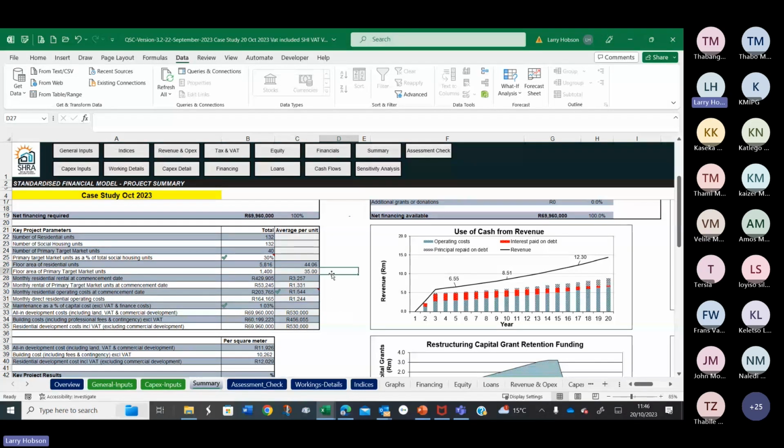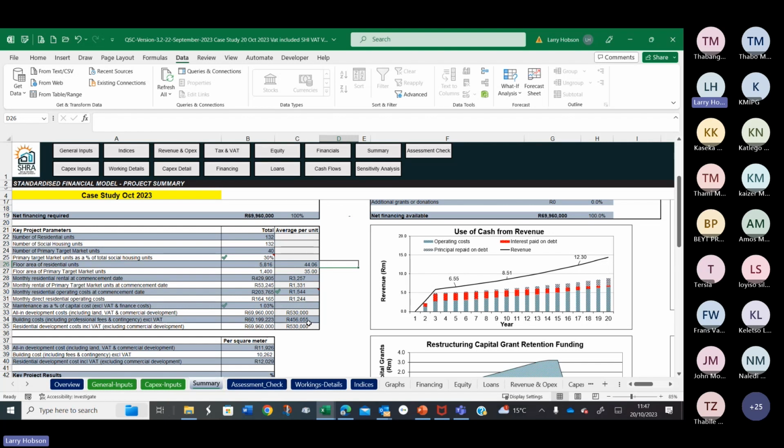So the basic principle here is still that we can build for 526 less 100,000 loan amount per unit, and we'd end up with a viable product.